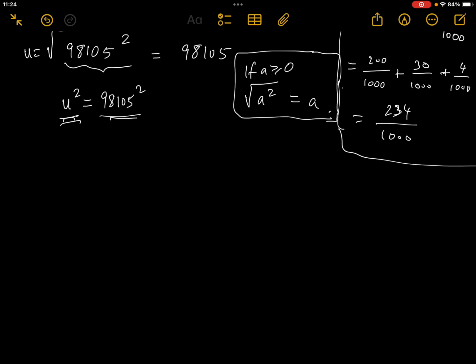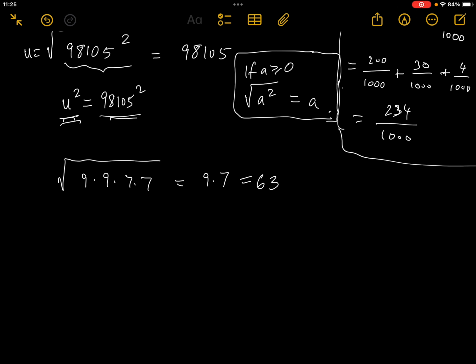Let's do some more experimenting with square roots. So let's say I had the square root of, now the inside I'm not going to expand out, but let's say the inside was 9 times 9 times 7 times 7. I don't know what that number is, but let's say it was whatever that number is. What's the square root of that number? Well, again, I have to think about what number, when you square it, gives you 9 times 9 times 7 times 7. If you think about it, that's going to be 9 times 7, which is 63.